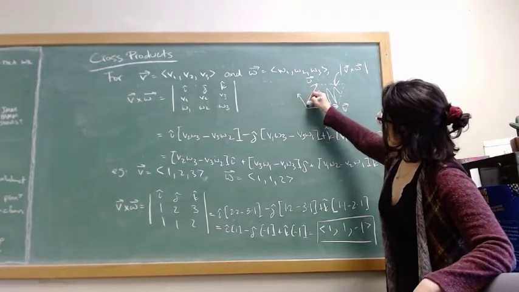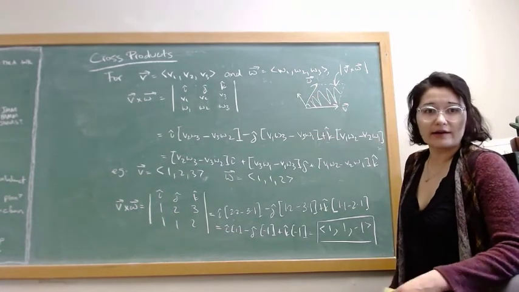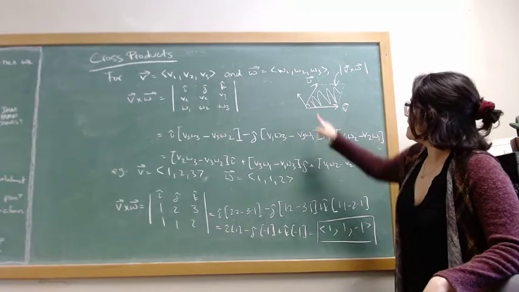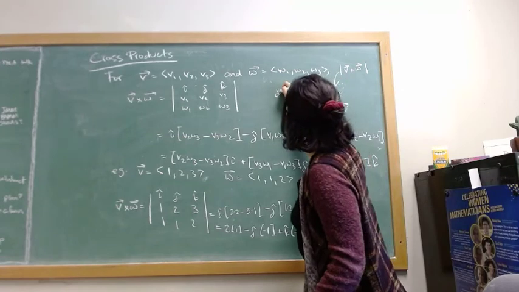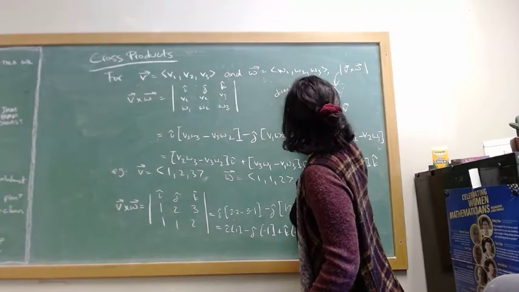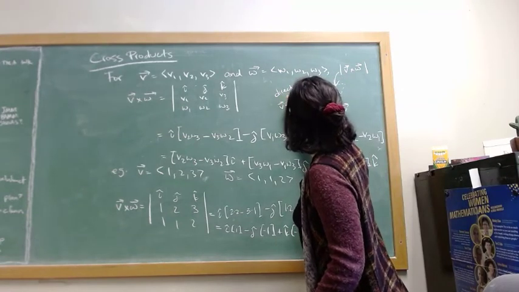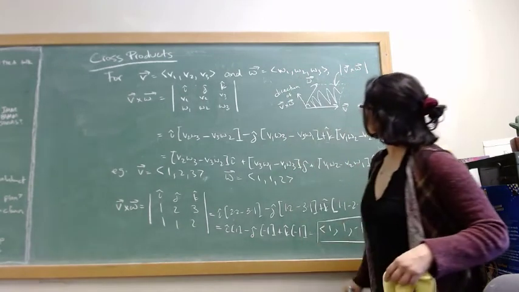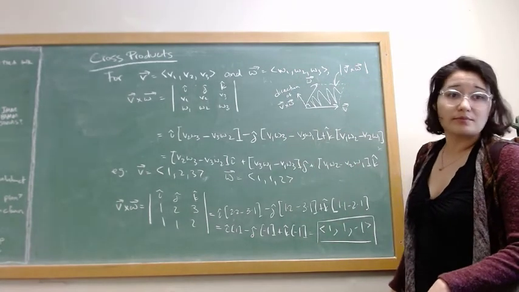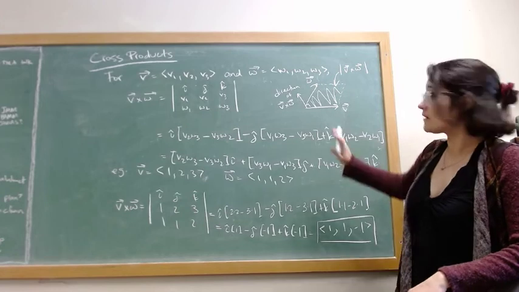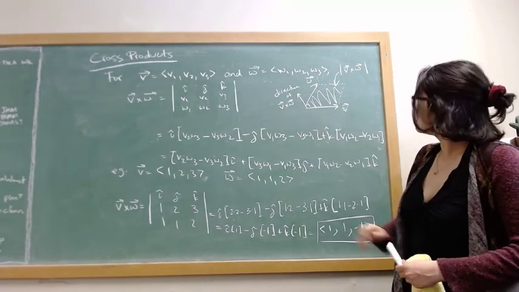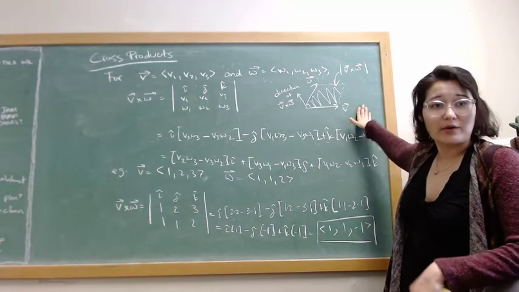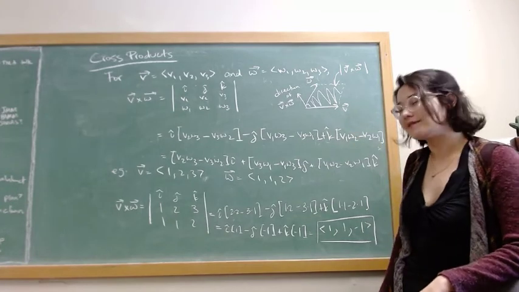A vector normal to that parallelogram, orthogonal to it, perpendicular to it, is going to point in the same direction as v cross w. And those properties will come back, this one in particular much later. So just remember how to compute the cross product and you'll be ready when we use it in the next exam.